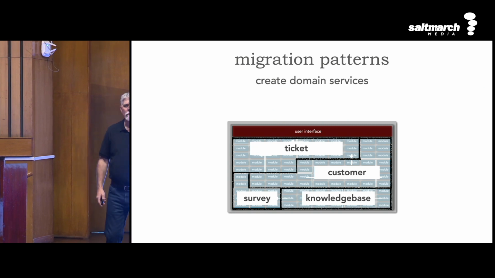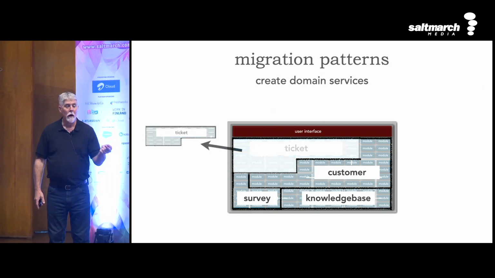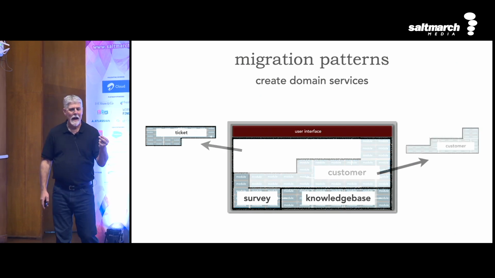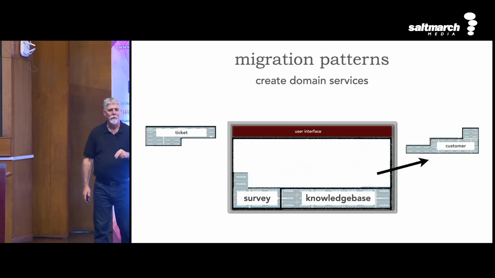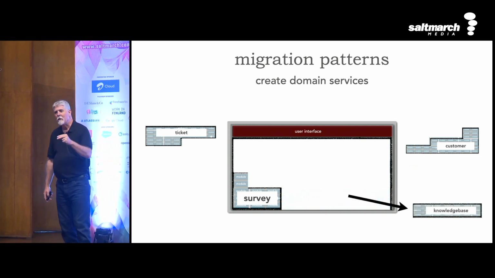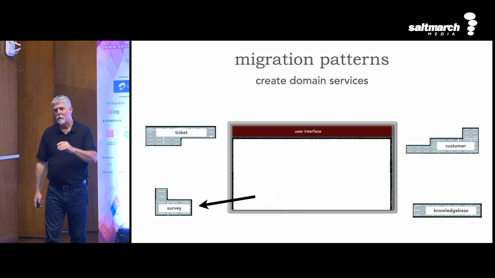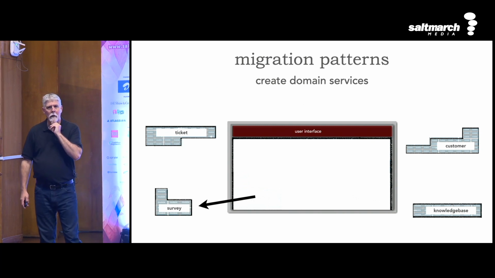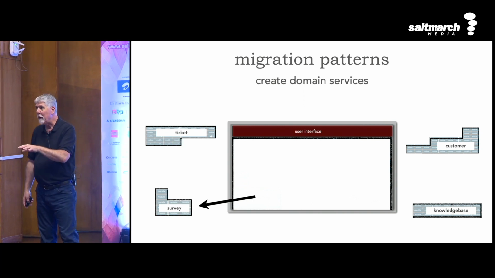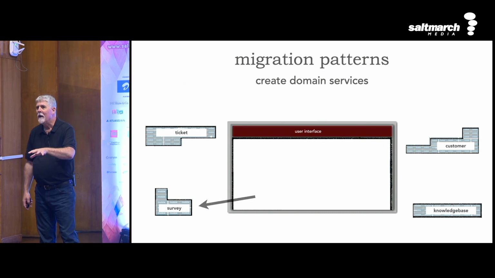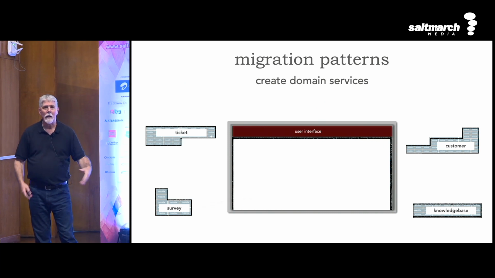Right-click, refactor, move to another workspace. And that workspace now represents that domain. I've got a survey workspace, or project, whichever IDE you're using. I've got a survey, a ticket, and a customer. And now I deploy each of those workspaces, that code, as a separately deployed artifact, a separate assembly, a separate EAR file, a separate WAR file.